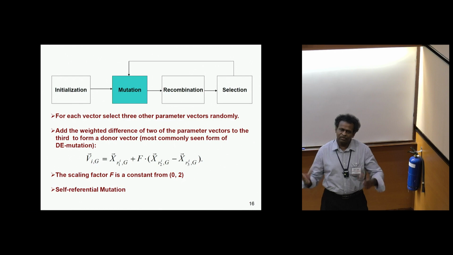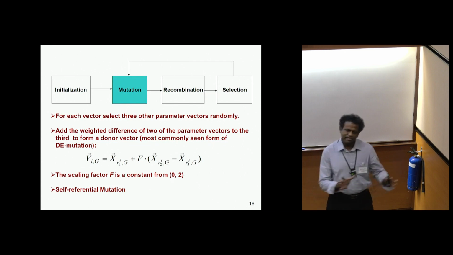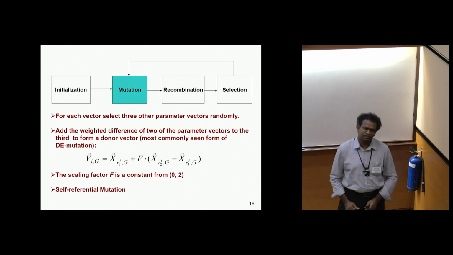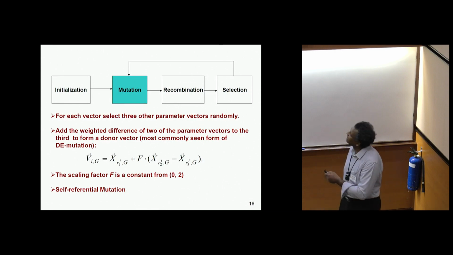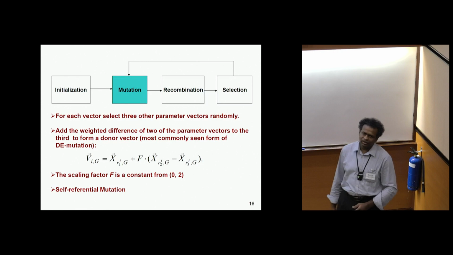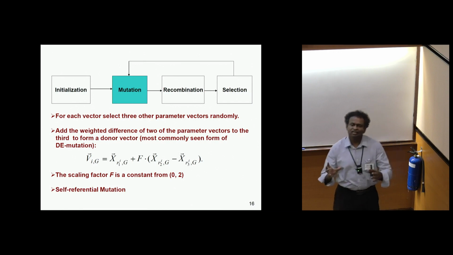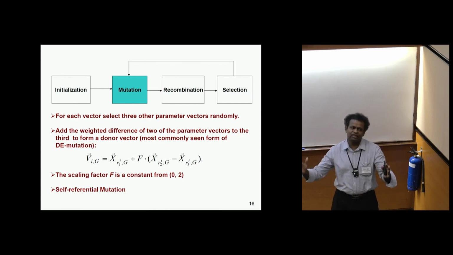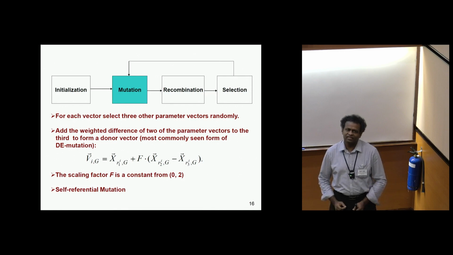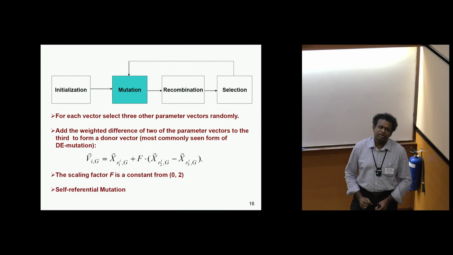So differential evolution is naturally altering the search behavior from exploration to exploitation as the population evolves. It is doing it naturally by this difference operation here. This is what we call self-referential mutation. The population refers to itself to find out the magnitude of the difference vector, so the magnitude is determined by the population itself.